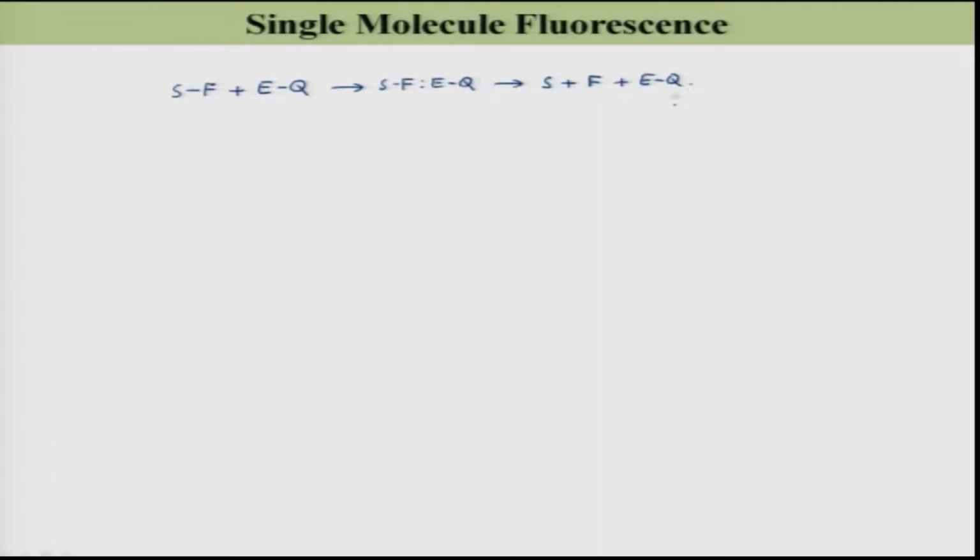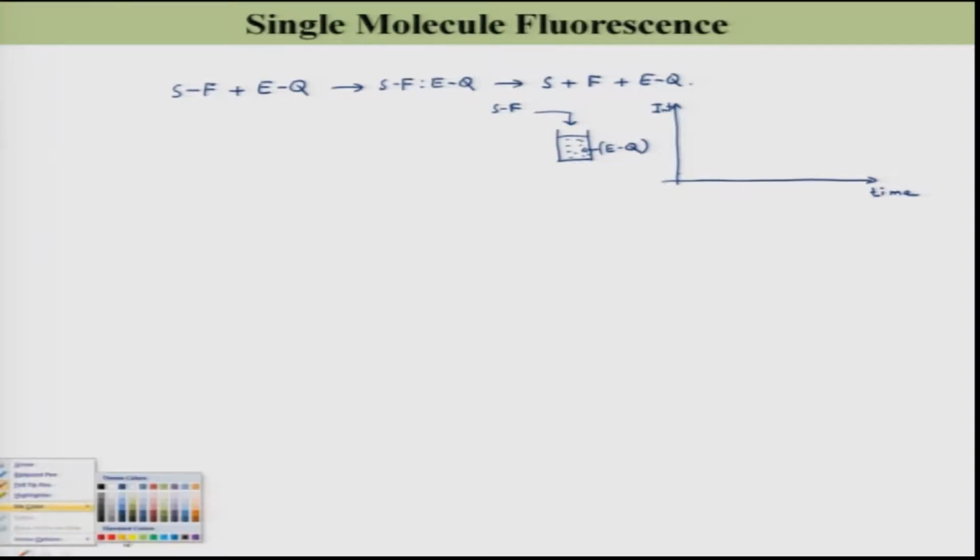In that case, you should take your enzyme E in the cuvette, and then if you add this substrate SF, and follow the fluorescence intensity as a function of time, initially the fluorescence intensity must be 0, right.